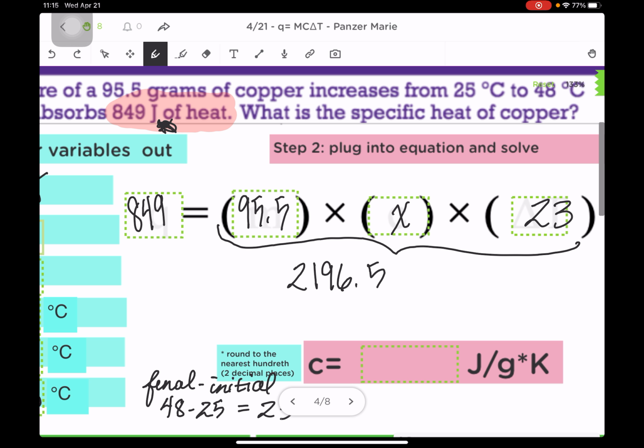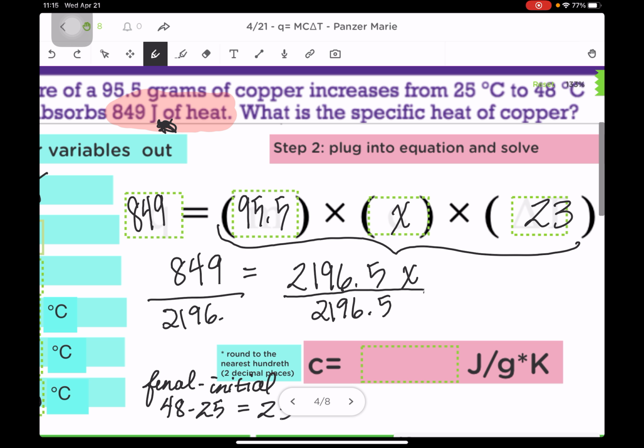And we also still have our X over there. So 849 equals that. In order to get X alone, we are going to divide both sides by 2196.5. Those are going to cancel out, and leave me with X on this side.